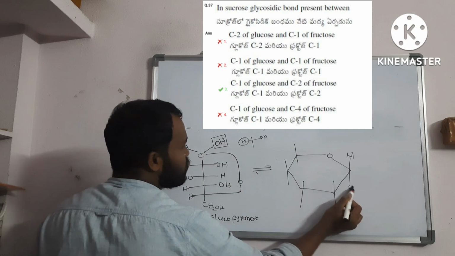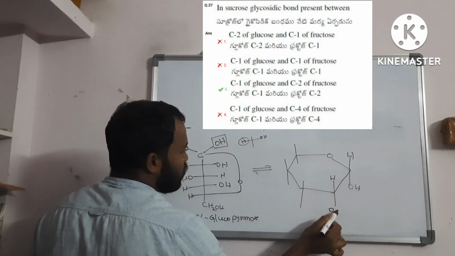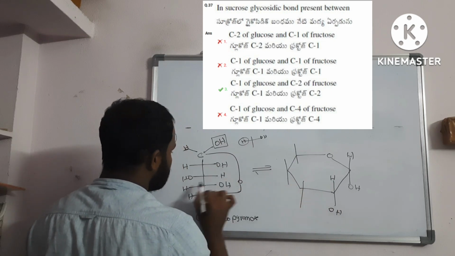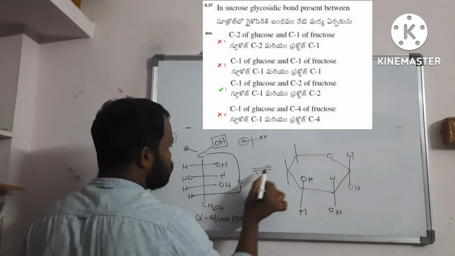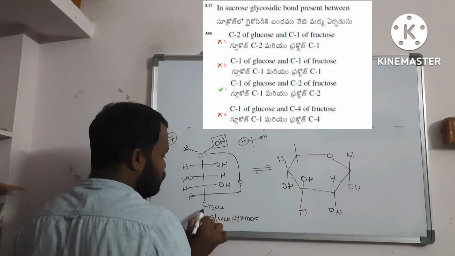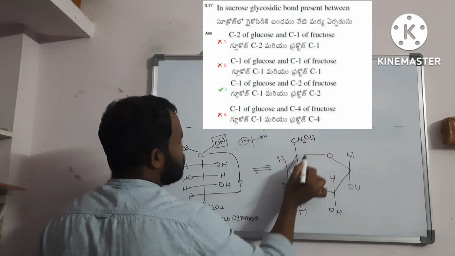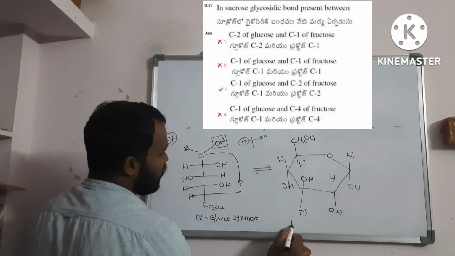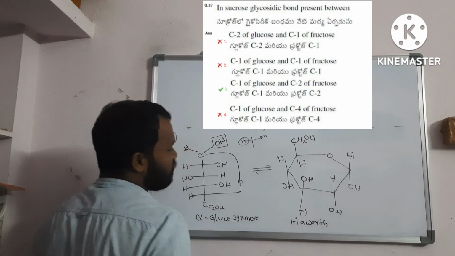Same here, you should write OH. And the second one is H, that is OH. This OH is here. Next, similarly OH, and the third one H. The fourth one is H OH. The fifth one should be H CH2OH, but this gets interchanged, so you should write CH2OH and H here. This is the Haworth structure.